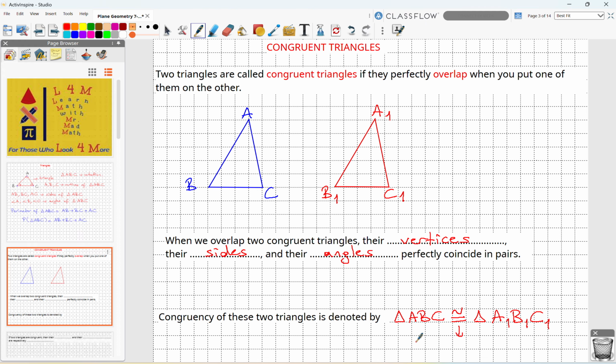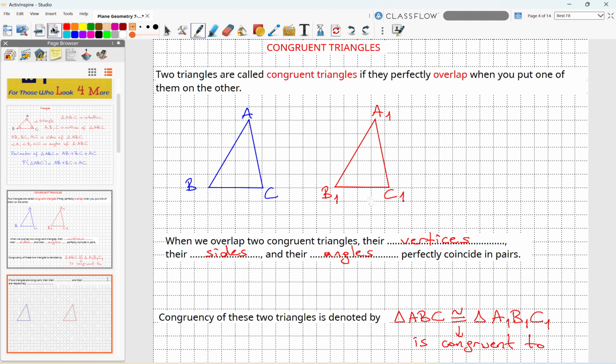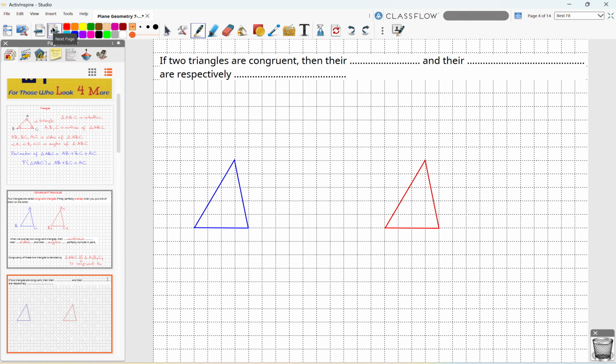This symbol is the symbol of is congruent to. So if two triangles are congruent, then their sides and their angles are respectively, in pairs, equal.